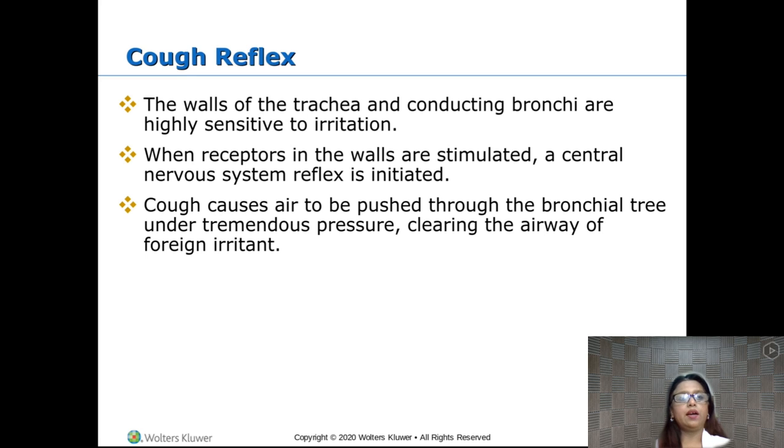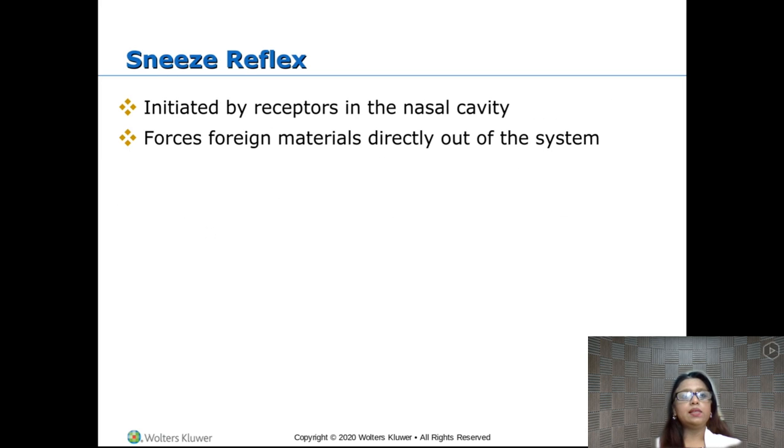The walls of the trachea and conducting bronchi are highly sensitive to irritation. When receptors in the walls are stimulated, a central nervous system reflex is initiated. The cough causes air to be pushed through the bronchial tree under tremendous pressure, clearing the airway of the foreign irritant.